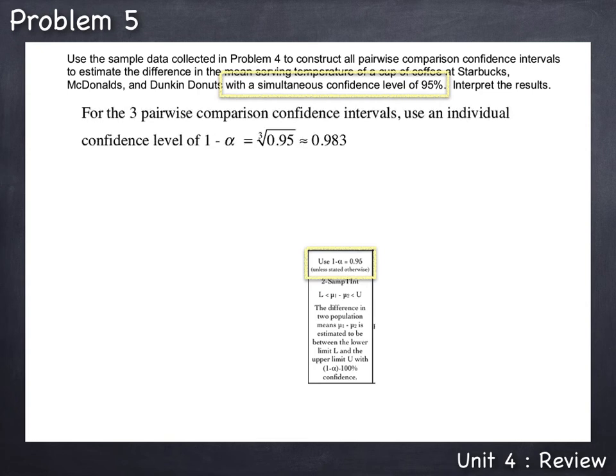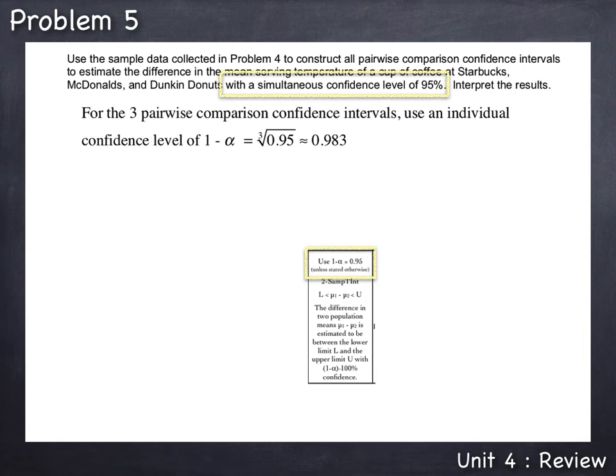In order to do this, the three pairwise comparison confidence intervals need to use an individual confidence level of 1 minus alpha of the cube root of 0.95 in order to maintain our simultaneous 0.95 confidence level. So because we have the three confidence intervals, we're doing the cube root, and since we want the overall simultaneous confidence level to be 95%, we use the 0.95.